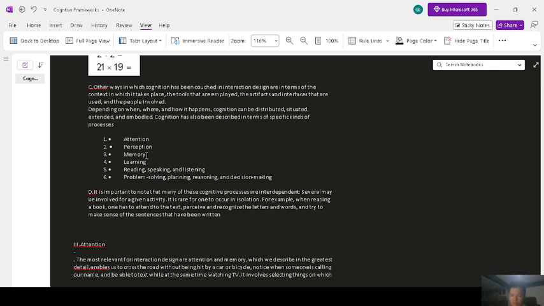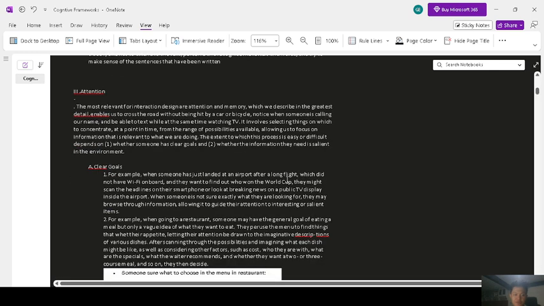There is something, I forgot what it's called, but for reading sometimes you have to pause to be able to speak to yourself about what happened or what you just read. So it activates a lot of neural cognition pathways. First is attention.